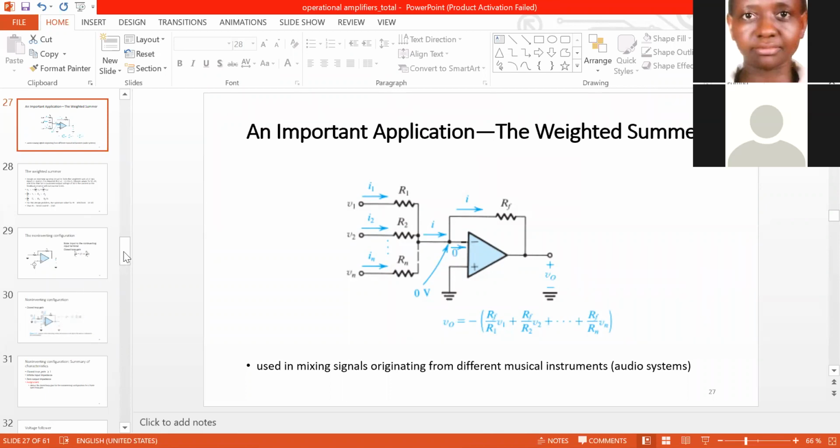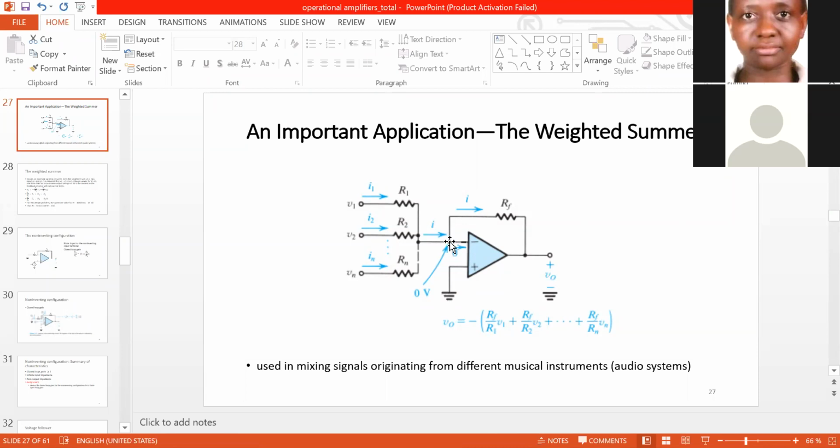So how do we analyze this circuit? It's very simple. You simply apply KCL at the inverting input terminal. We assume our op-amp is ideal so that 0 volts, which is at the non-inverting input terminal, also appears at the inverting input terminal.